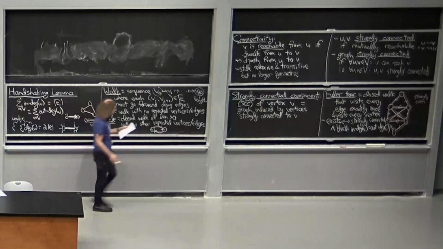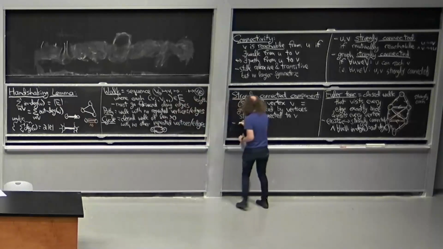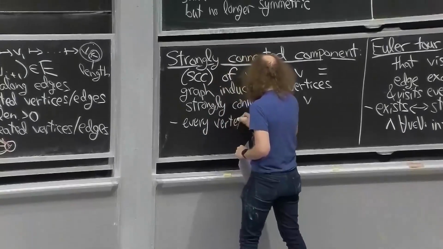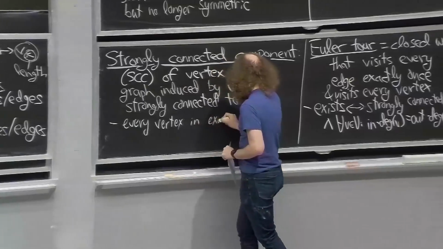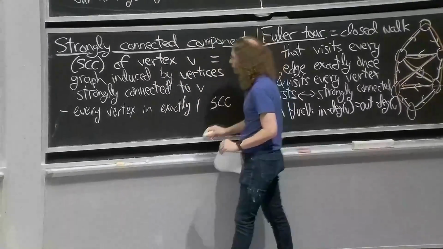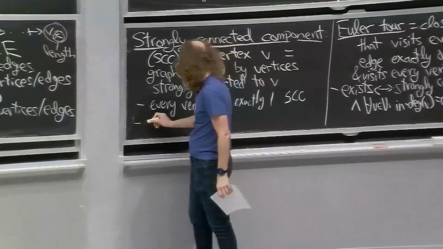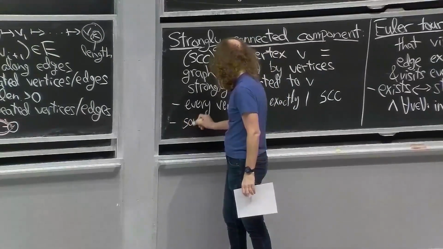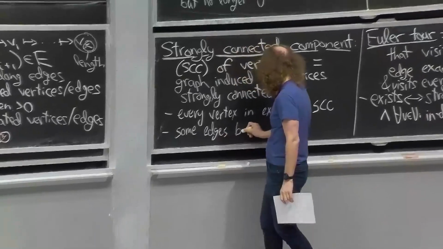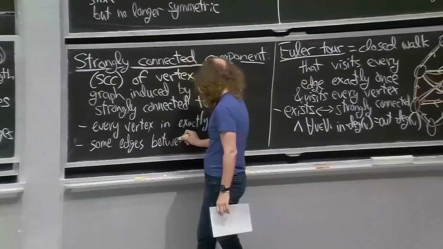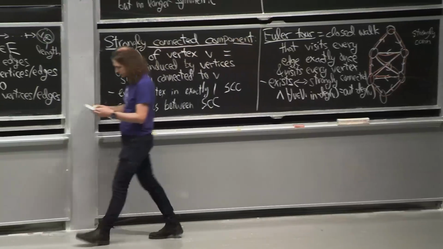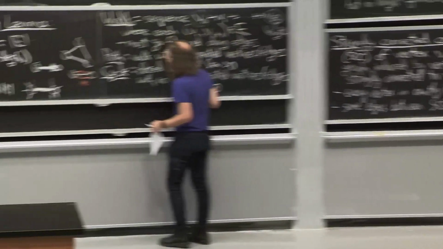So let's say every vertex is in exactly one strongly connected component, but we have some edges between. And there's a nice way to organize this, which we call the condensation graph.